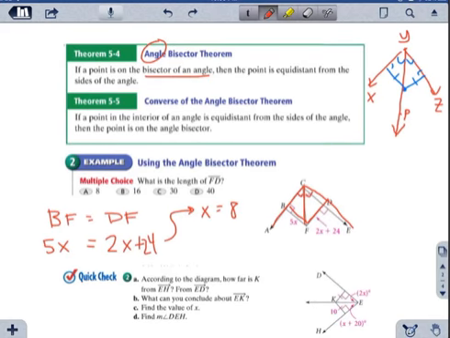Since I'm asked for the length of FD, I want to plug that value of x into the known value of FD, which is 2x plus 24. So 2 times 8 plus 24 equals 40. And the correct answer to this question is D.